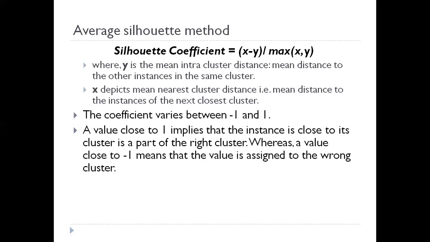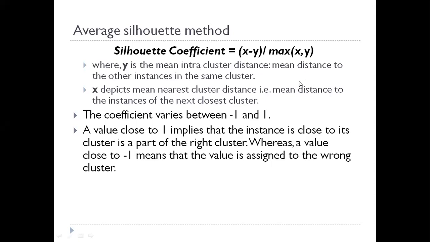The formula to calculate the slope coefficient is (x - y) divided by max(x, y), where x is the mean distance to your next closest cluster, the nearest cluster distance, and y is the mean intra-cluster distance.